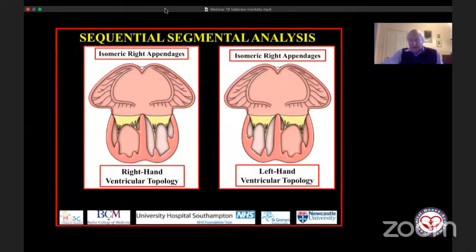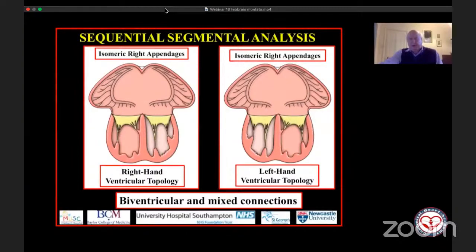When we have isomeric appendages, and when each atrium is connected to its own ventricle, half of the heart will be concordantly connected, and half of the heart will be discordantly connected. And so that is why in the setting of isomeric appendages with biventricular atrioventricular connections, those biventricular connections are mixed.